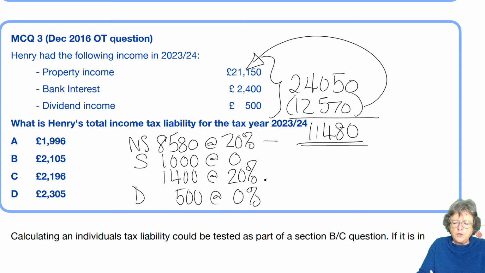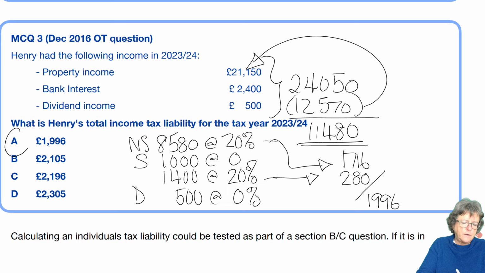So those two, that works out at 1716. That works out at 280, which gives us 1996, and the answer is A.